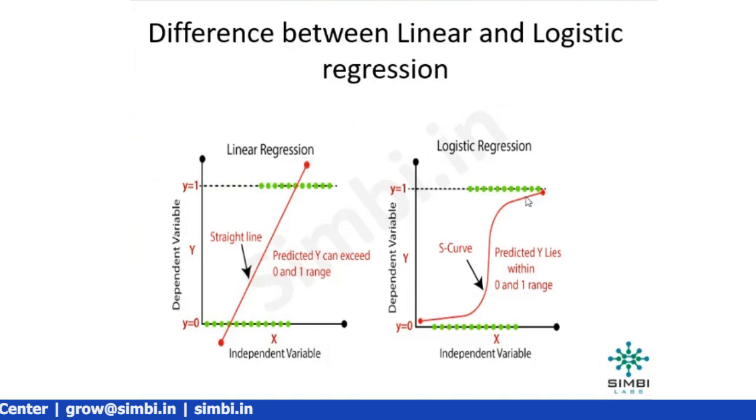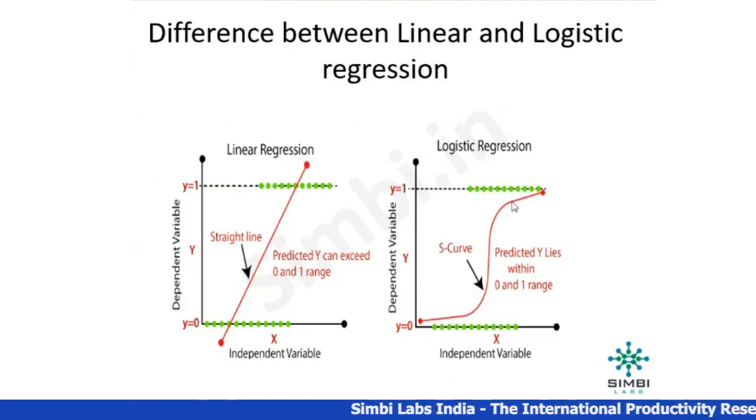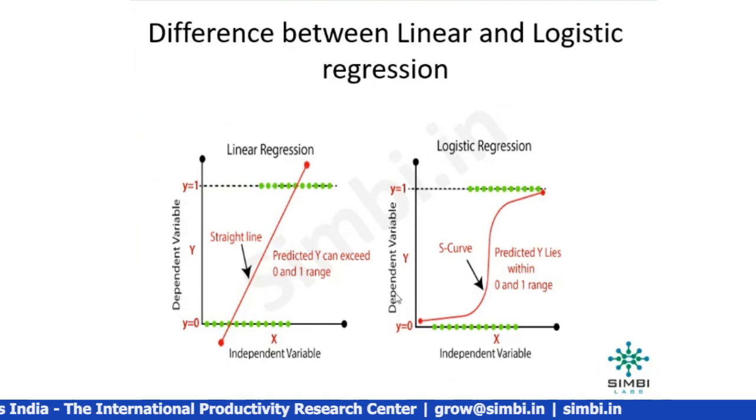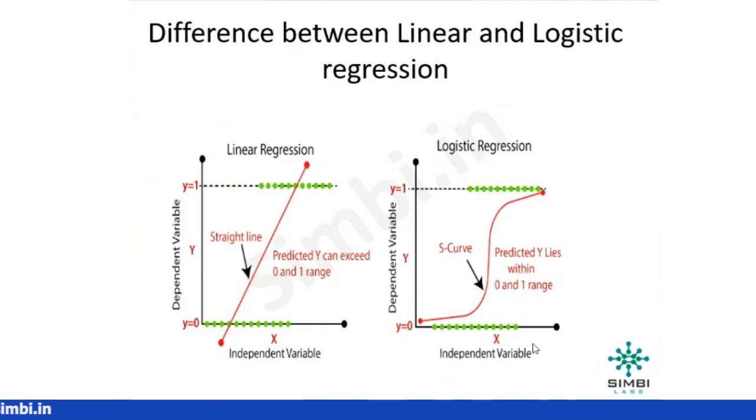So this is one type of S-shaped logistic function. By following this S-shaped curve, we can predict the analysis. For example, take the same example of the dependent variable salary and the independent variables age, educational level, and hours worked.